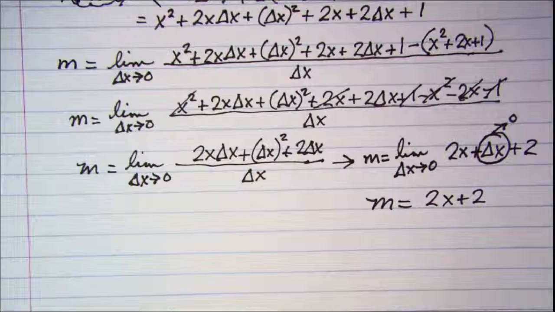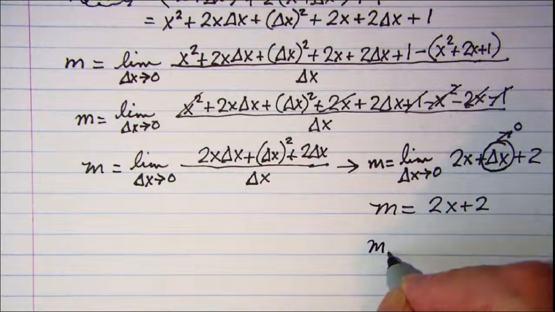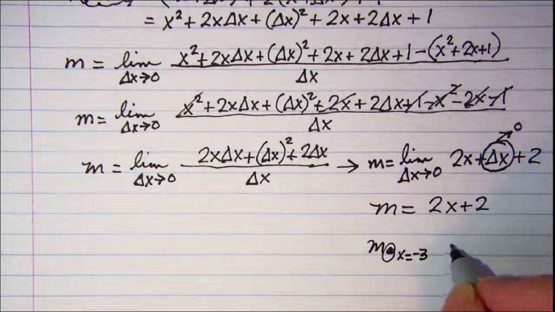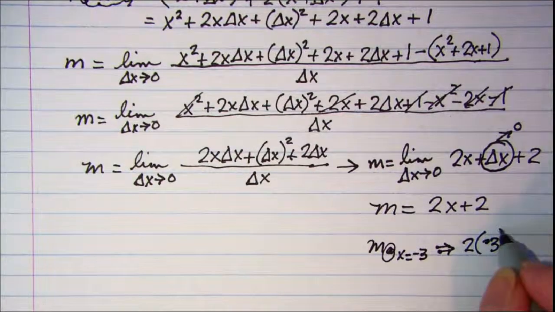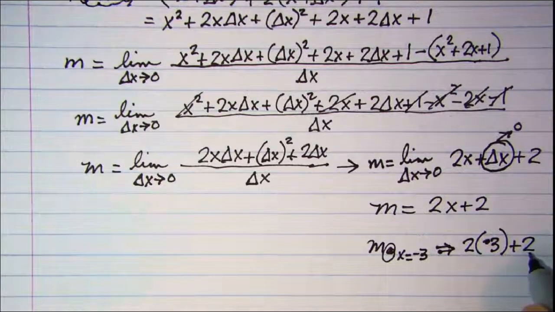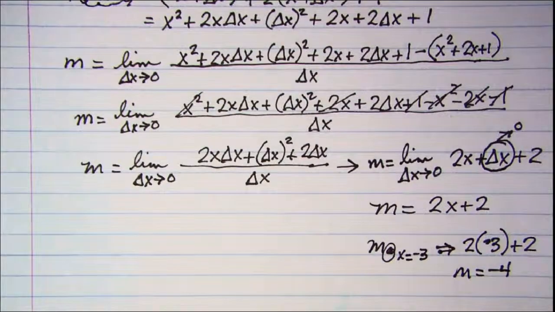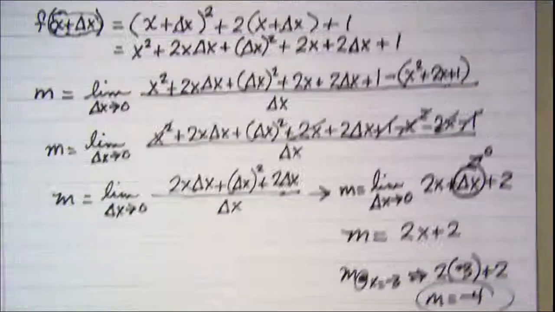So I need to calculate this m at x equal negative 3, which is going to be 2 times negative 3 plus 2. So negative 6 plus 2 is a negative 4. Alright, so I have my m of negative 4.